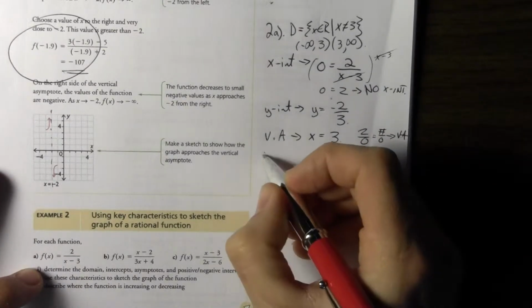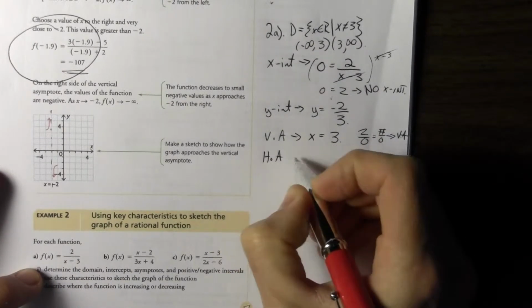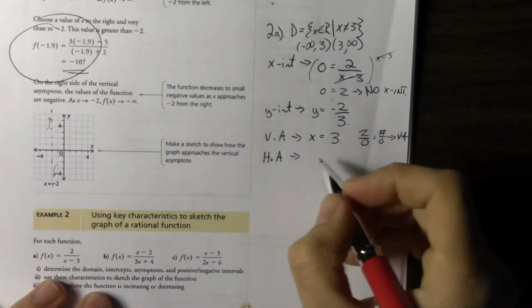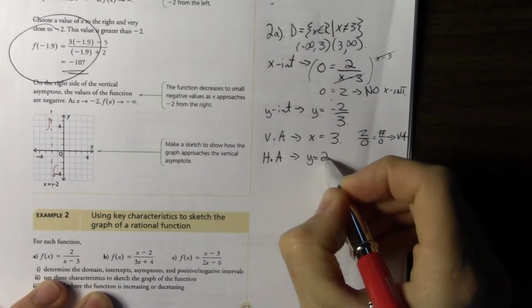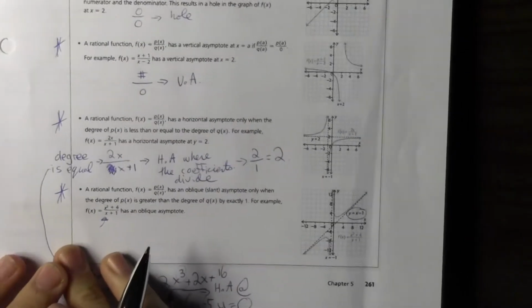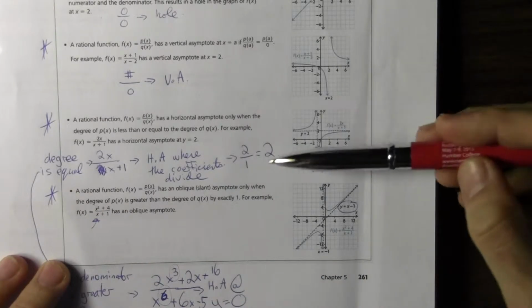Okay, horizontal asymptote. Anthony? Y equals 2? What do you guys think? No? What was the condition again for horizontal asymptote? Let's go back to our review from 5.2.